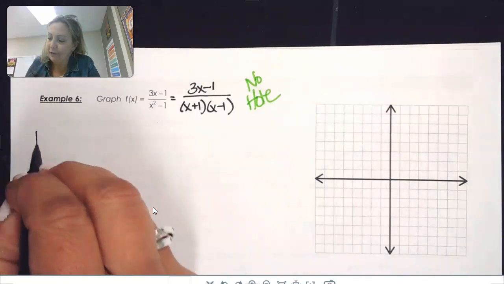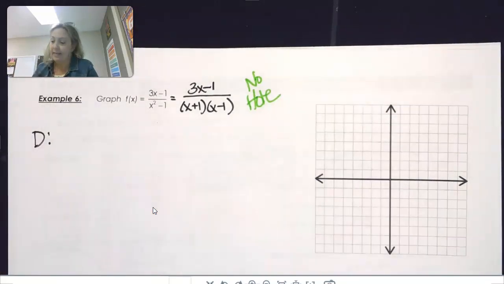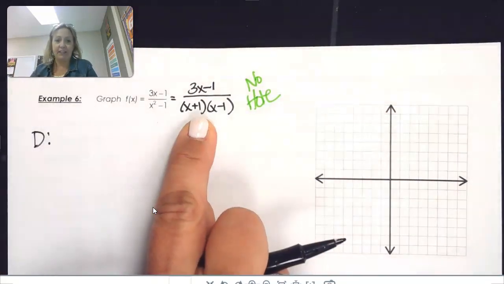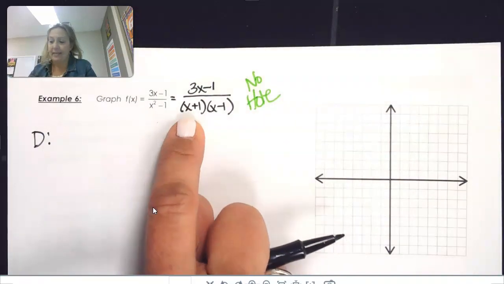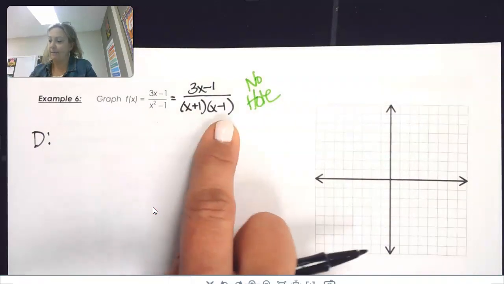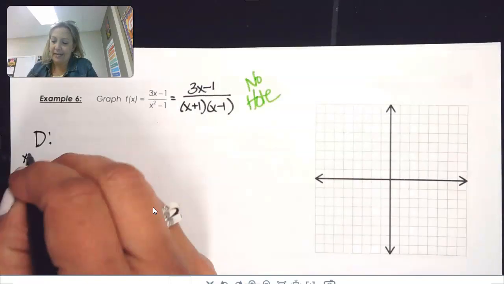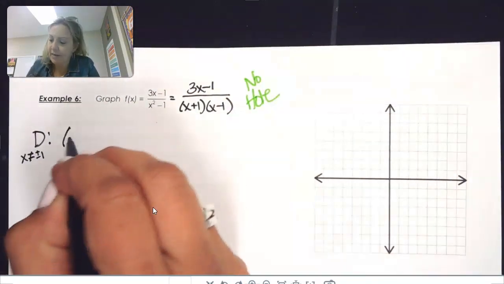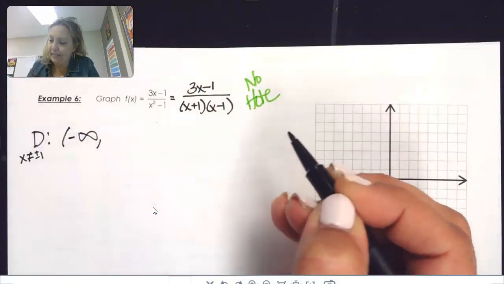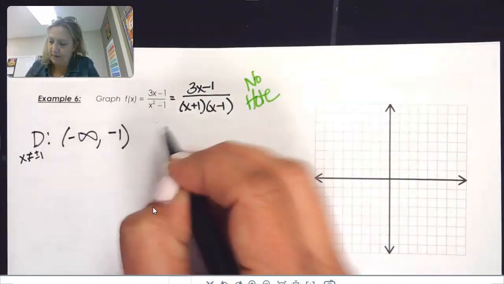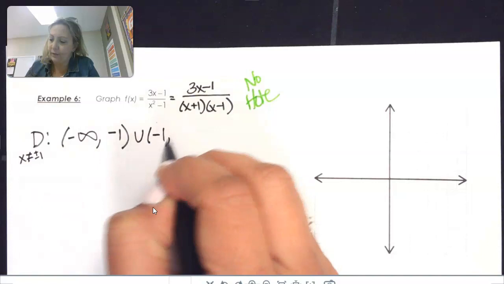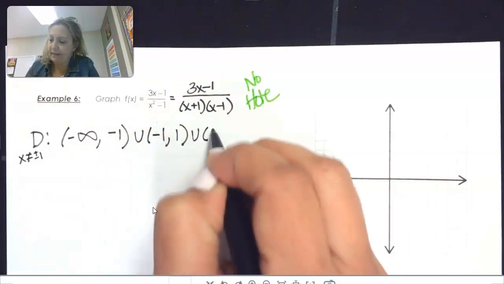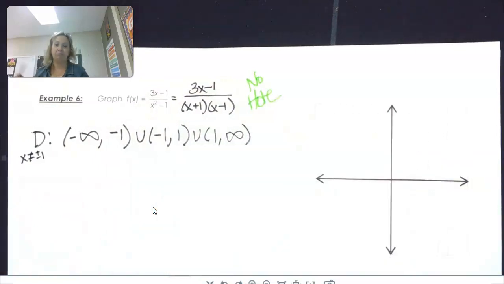So let's think about our domain. From our factored denominator, I can see that x can't be negative 1 and x can't be 1. So again, x cannot be plus or minus 1. In interval notation, I'll go from negative infinity to negative 1, then from negative 1 to 1, and then from 1 to infinity.